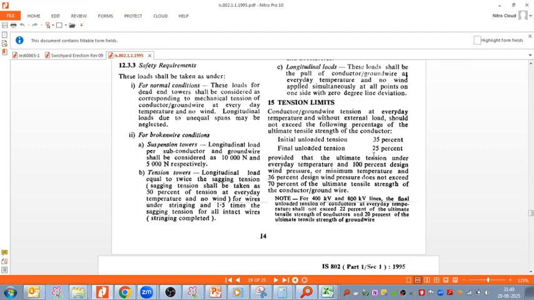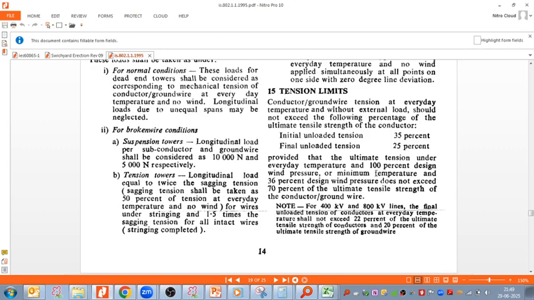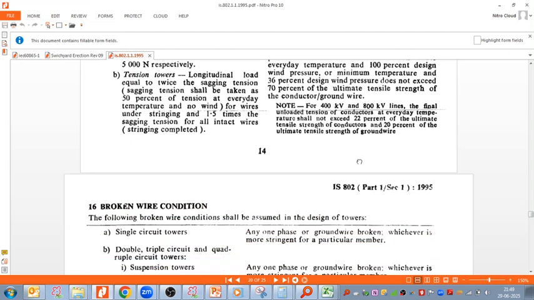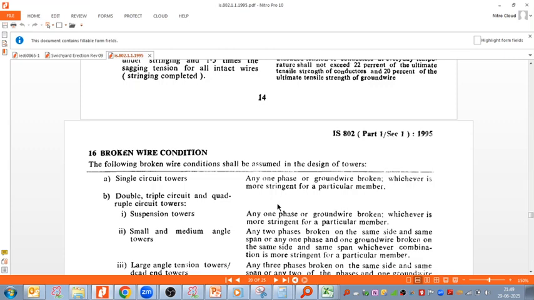Provided that the ultimate tension under everyday temperature and 100% design wind pressure, or minimum temperature and 36% design wind pressure, does not exceed 70% of the initial ultimate tensile strength of the conductor or ground wire, not for 400 kV and 800 kV, then the final unloaded tension, ultimate tensile, and all those things.